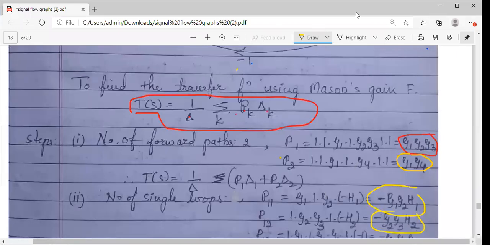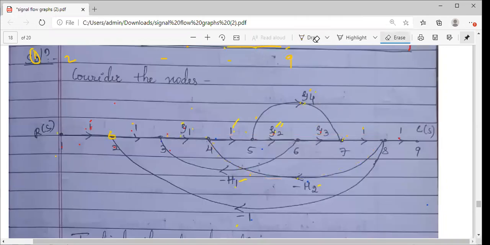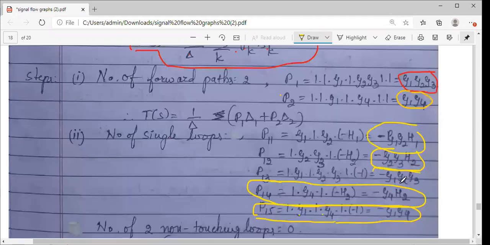So one more bigger loop, I think it is remaining. Starting from 2, this one. So what are the gain values? Actually, it starts from 1. 1 into G1 into 1, G2, G3, 1, minus 1. So it is minus G1, G2, G3. Minus G1, G2, G3.